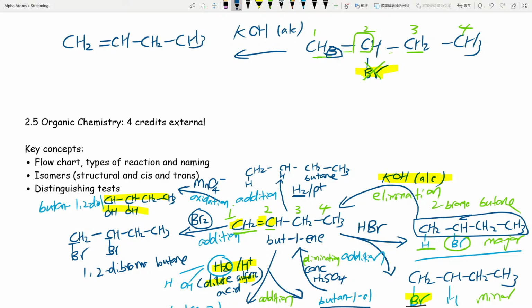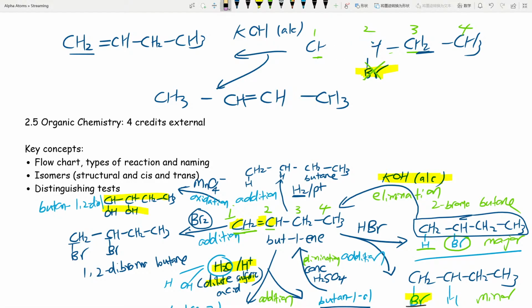I've lost the H and Br. That's option number 1. Then I can choose to lose this hydrogen, so it'll be CH3 with the double bond on this side, and then you can determine which one's major and which one's minor by looking at the original molecule.